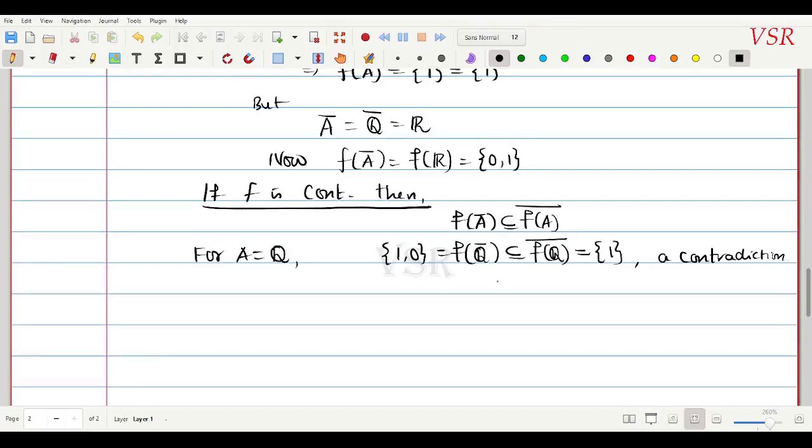Because we will have the other way, singleton 1 is a subset of னு வரணும், ஆனா இங்க மாறி வந்திருக்கு. Okay, so this would imply that f is not continuous on R.